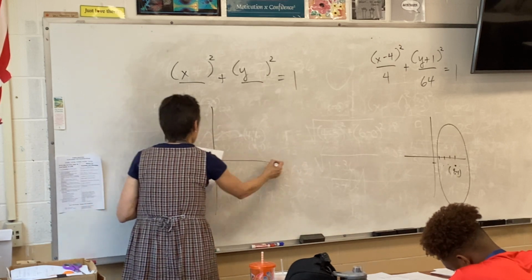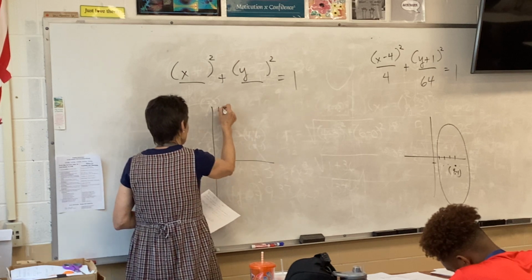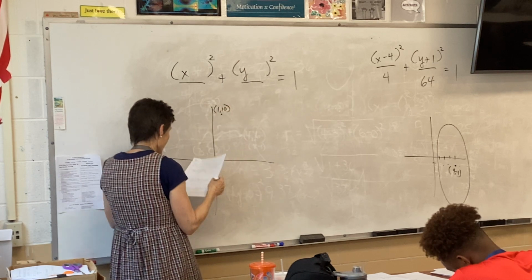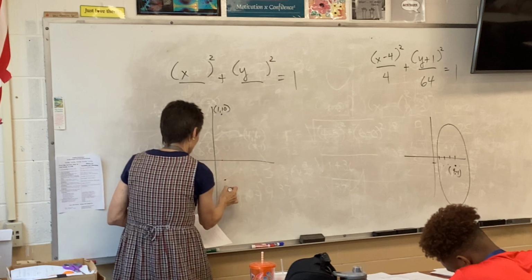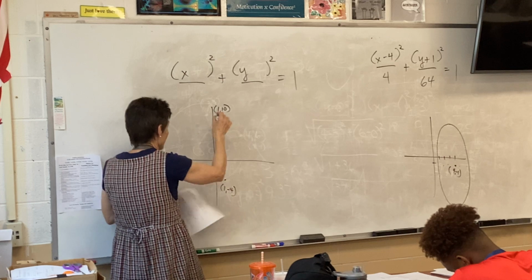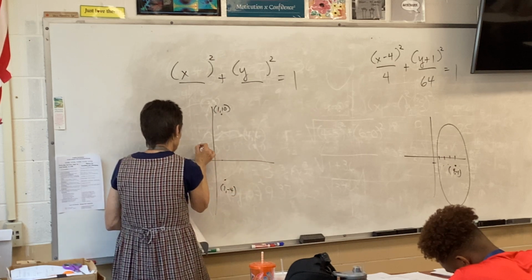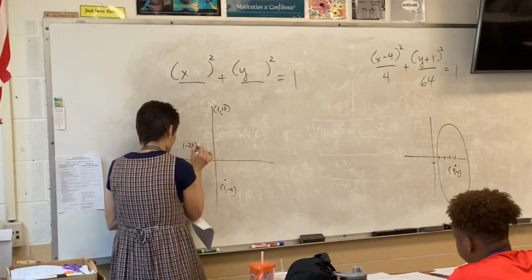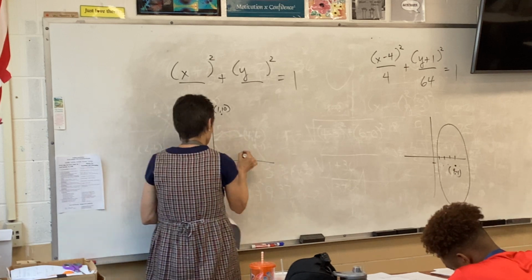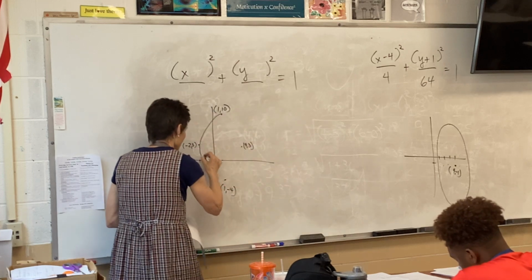The end points of the major axis are at 1, 10 and 1, -4. Now those are the end points of the major axis, but I also know the minor axis is -2, 3 and 4, 3. So gosh, I know what my picture looks like.